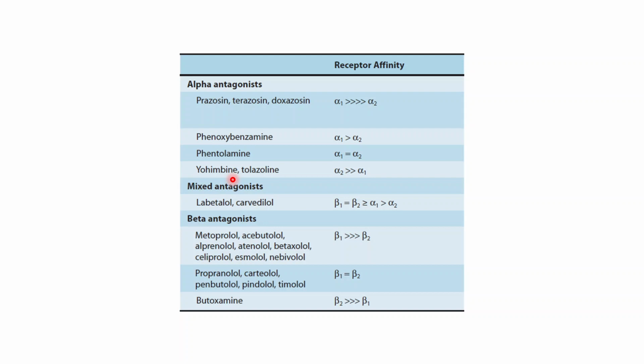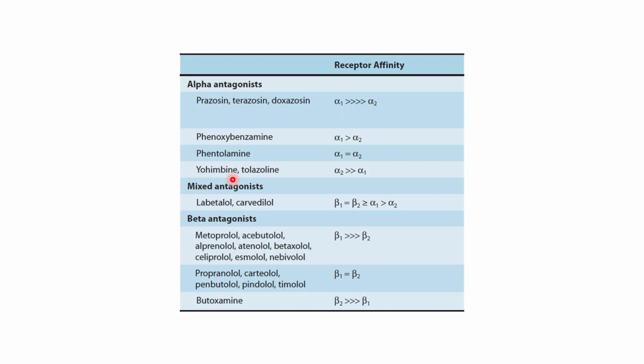This increases central sympathetic activation and also promotes increased norepinephrine release in the periphery. It was once widely used to treat male erectile dysfunction, but has been supplanted by phosphodiesterase 5 inhibitors like sildenafil. So that is actually Viagra.